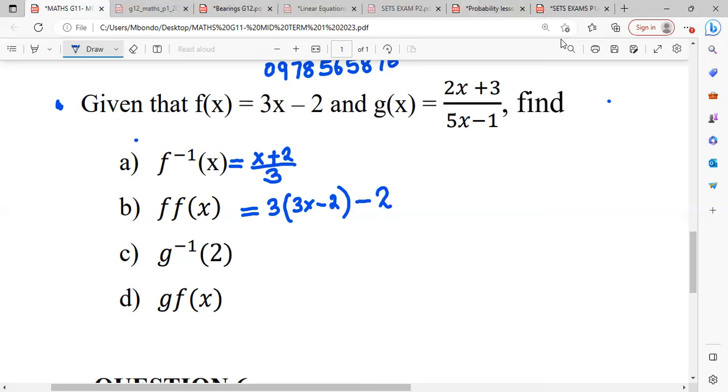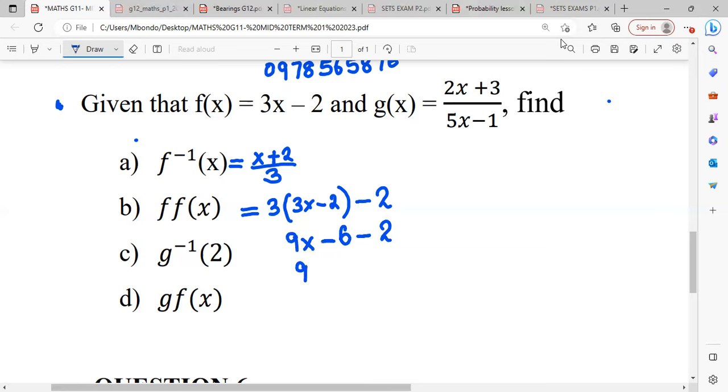You just simplify this now by saying you have 9x minus 6, then minus 2. You won't multiply this other one by 3 because it is outside the brackets.